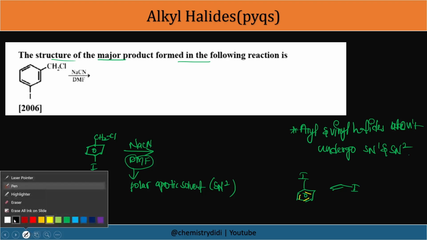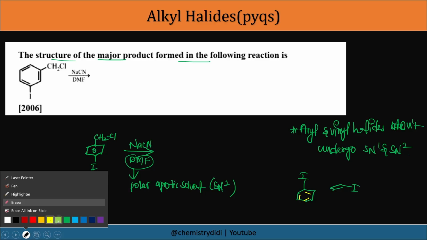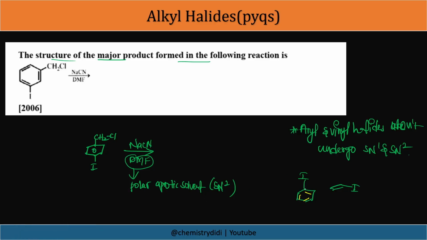Here this halogen is connected with an sp2 hybridized carbon, so due to resonance it gets a partial double bond character, and the bond becomes even stronger and shorter. So it's hard to break this bond. That's why it won't undergo SN2.